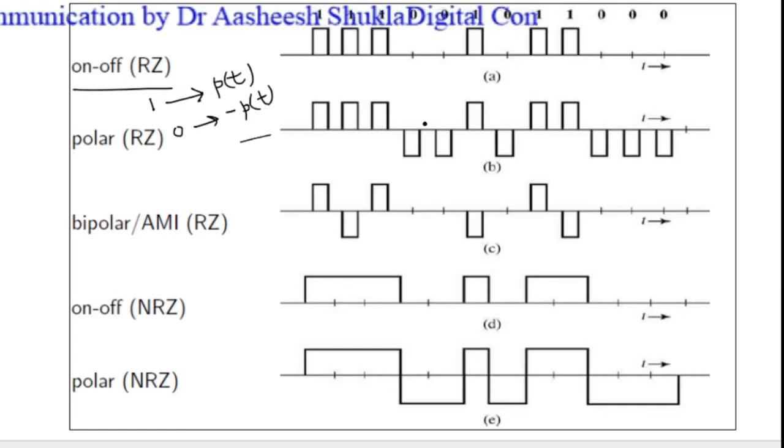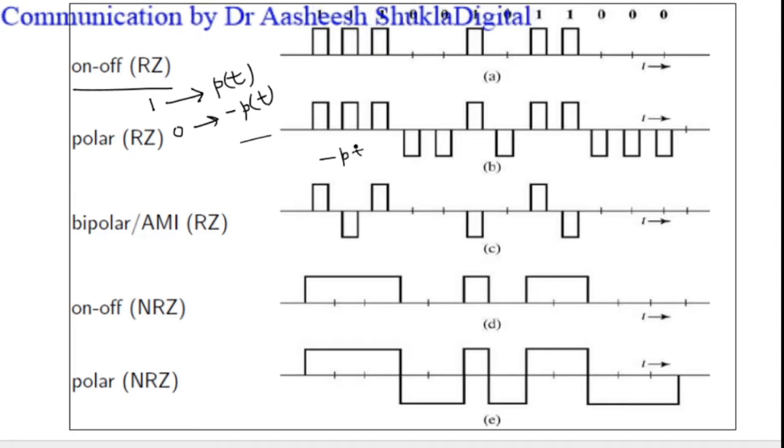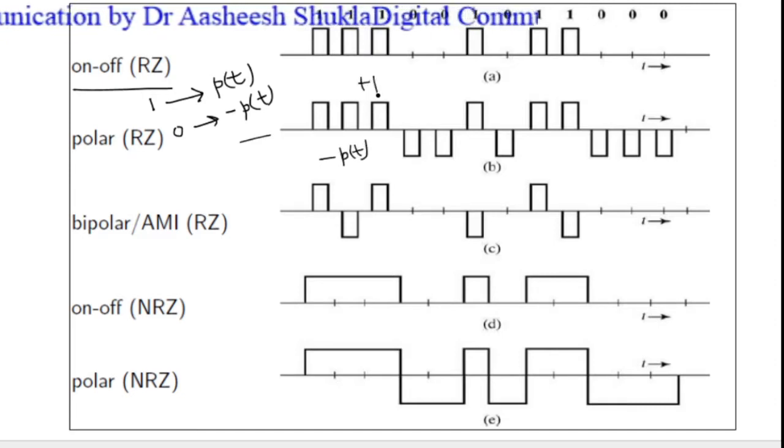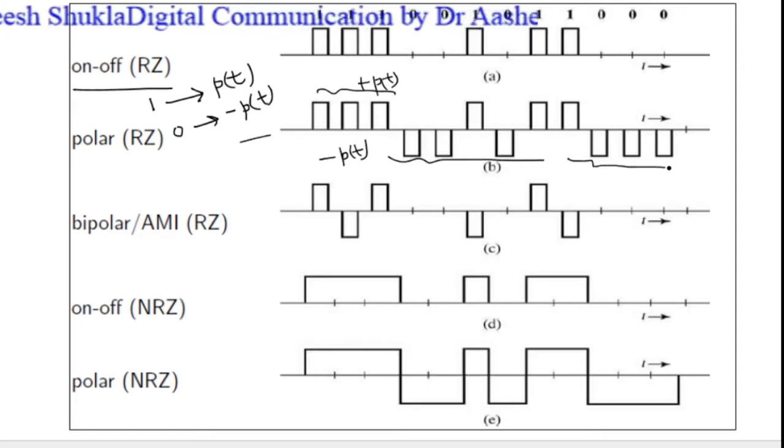For the repeated 1 we have the same p(t), and for 0 again minus p(t). So these are all minus p(t) and these are all plus p(t).